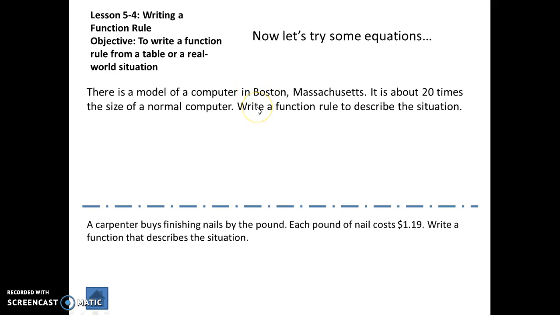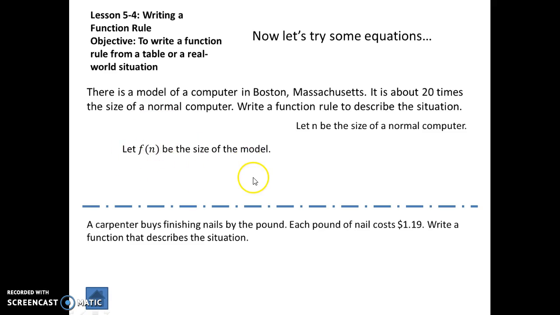We can also write equations from word problems, from situations. In the first one, we're looking at a model computer in Boston, Massachusetts. It's about 20 times the size of a normal computer. So we write a function rule to describe the situation. We're going to define our variables. We have n as the size of a normal computer. We have f of n being the size of the model.